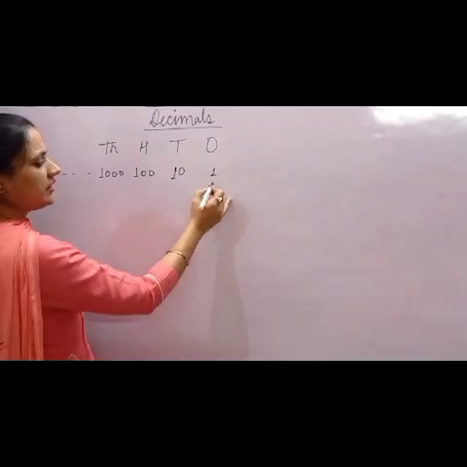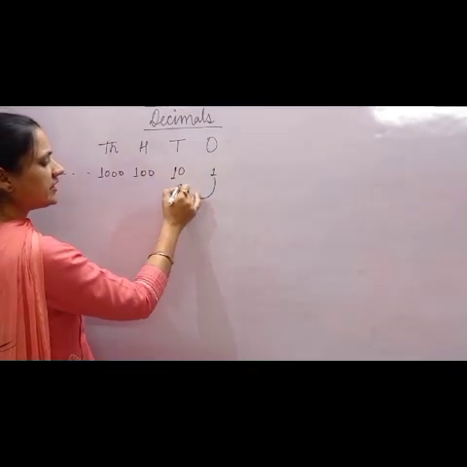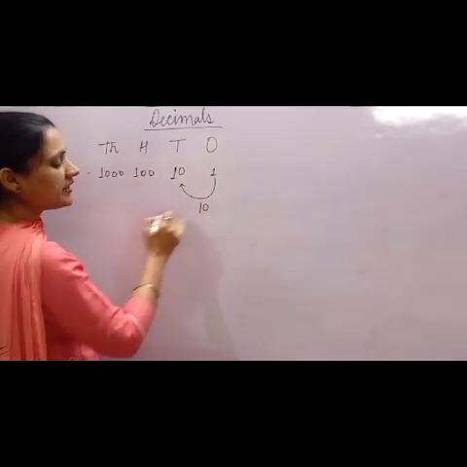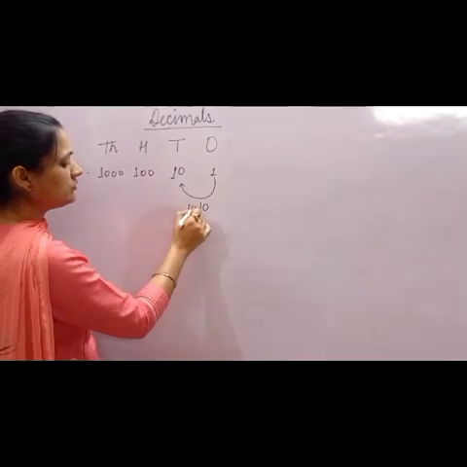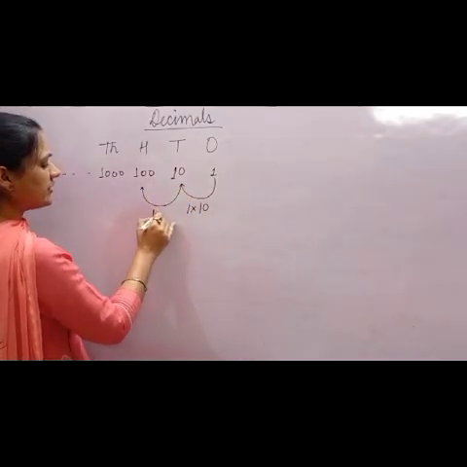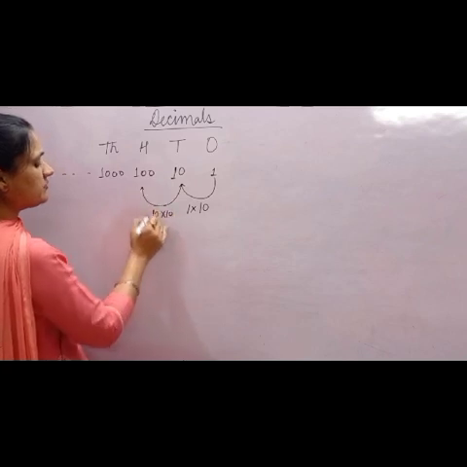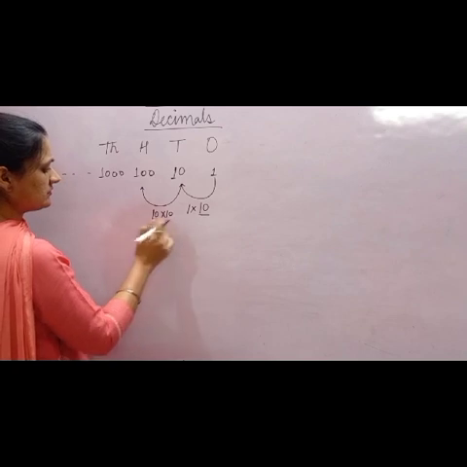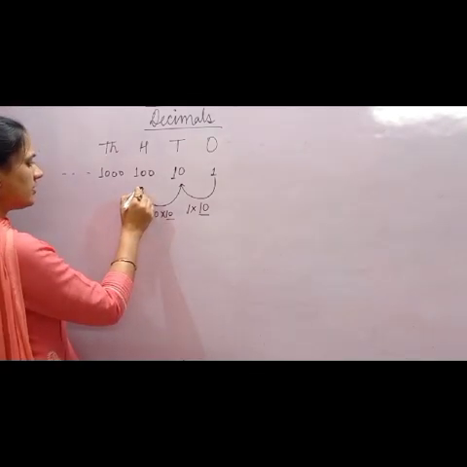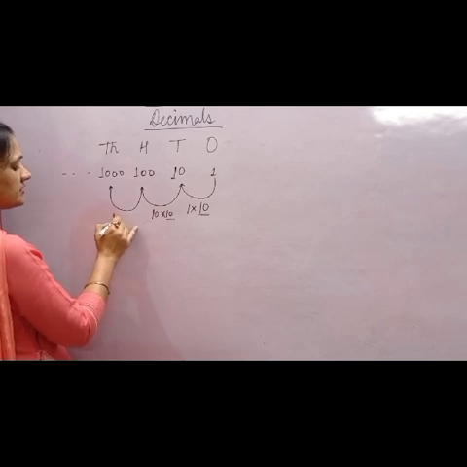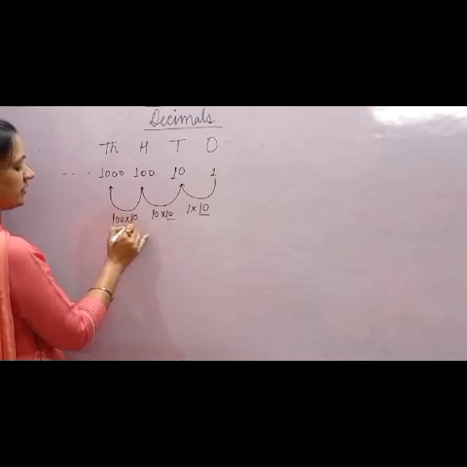What you have seen here, whenever we move this side, on the left hand side, it is increasing by 10, that is 1 into 10, it gives 10. Again we go this side, so again it is increasing by 10, 10 into 10 is 100. Now when again we go this side, again we are increasing, that is 100 multiplied by 10, right?